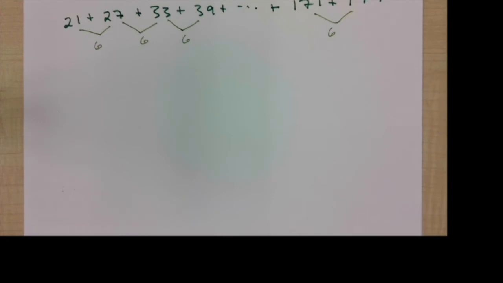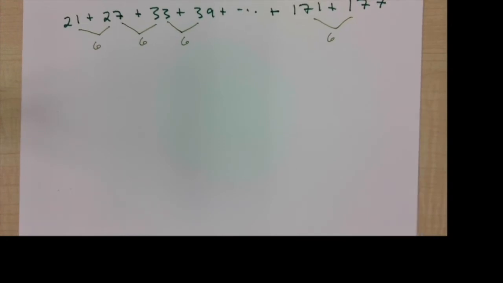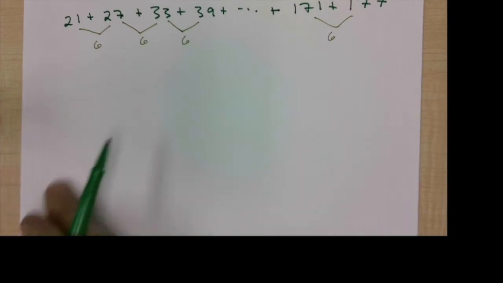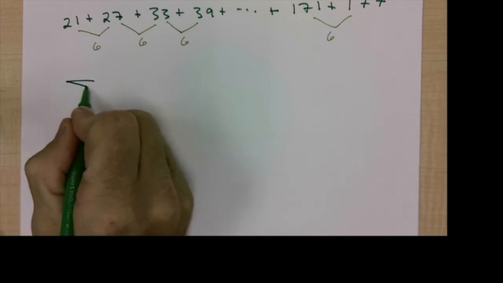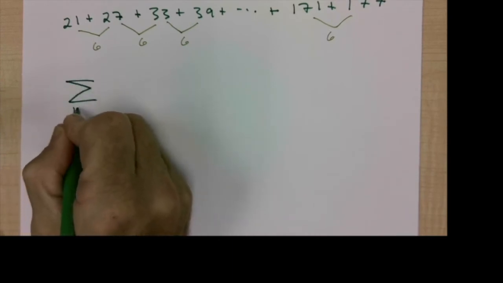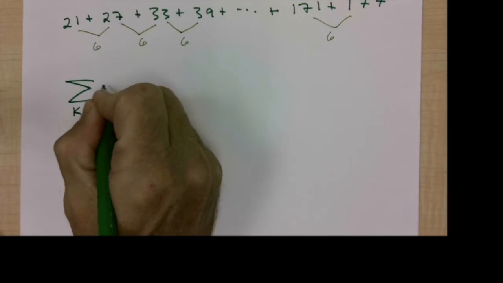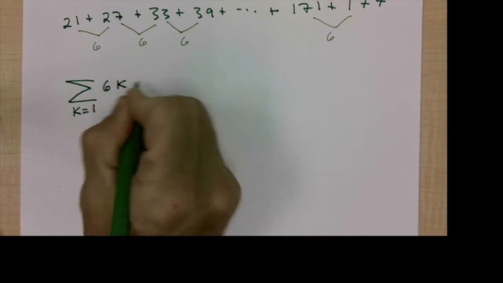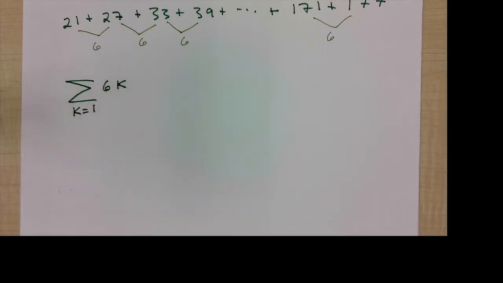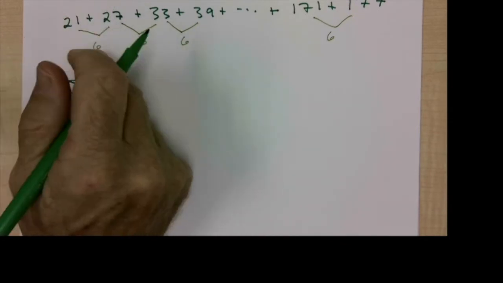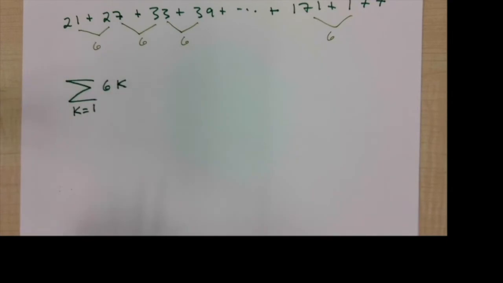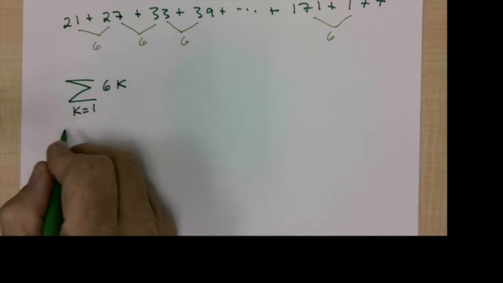Now I like to express this in summation notation if I can, so I get a feel for how far out this goes. Our common difference is 6, so I like to start at k equals 1, of 6k plus or minus something. When k equals 1, I'm supposed to get 21. 6 times 1 is 6.